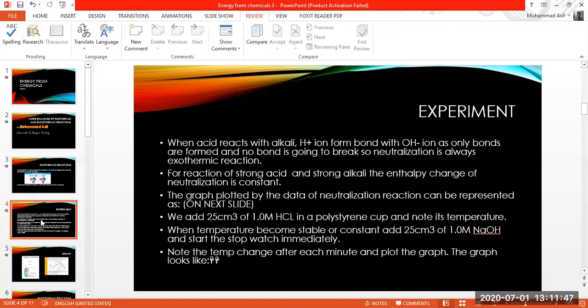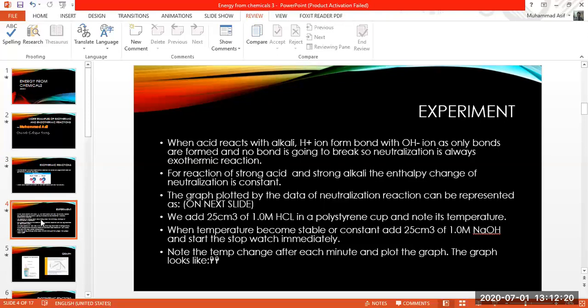For reactions of strong acids and strong alkalis, the enthalpy change of neutralization is constant, fixed. The graph plotted by the data of the neutralization reaction, when the temperature is going to change, can be represented, and that is present on the next slide.